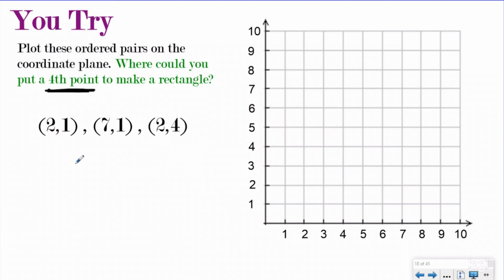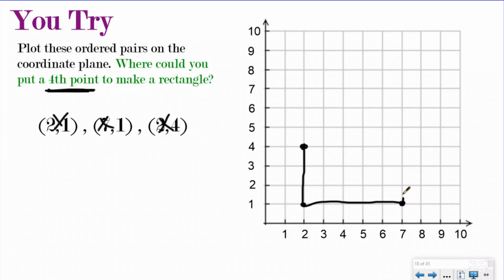And so if I wanted to graph these ordered pairs, I would do 2, 1 right here, shuffle over 2, climb up 1, shuffle over 7, climb up 1 for 7, 1, and then shuffle over 2 and climb up 4 for the ordered pair 2, 4. Now I've done all of these. Now I want to connect these dots right here, and I want to think to myself, where could I put another ordered pair to form a rectangle?